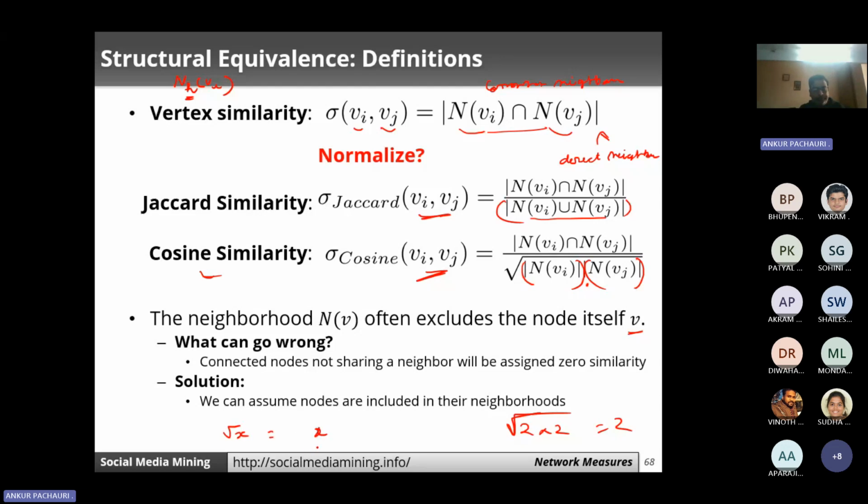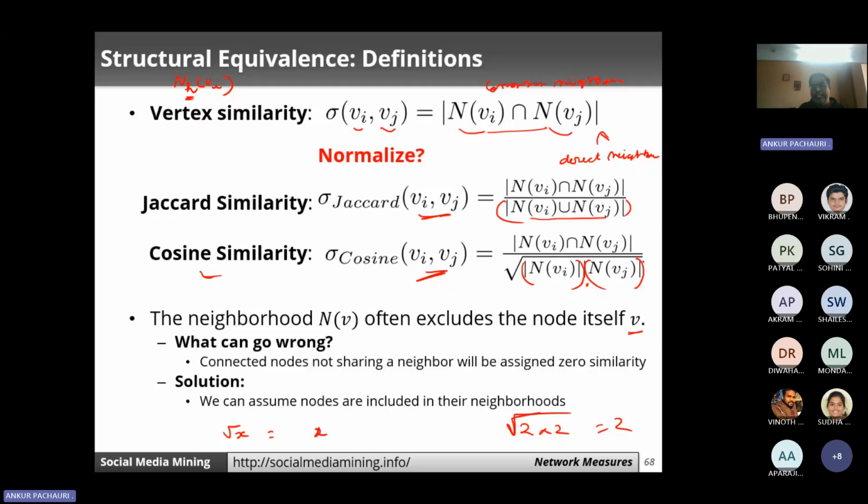It means that it has been divided into two identical parts, and only then will the square root be that value. If it is 2 into 2, I have divided it into exactly two equal parts and then take the square root.